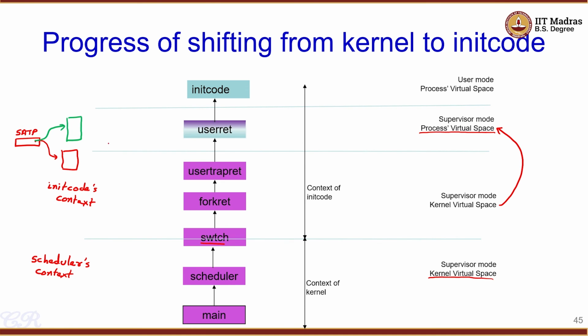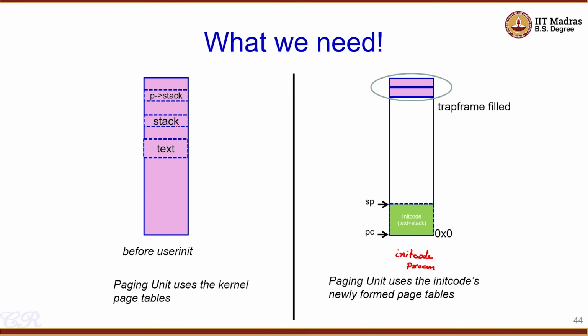Okay. Now finally, in userret, we essentially execute. Notice that userret comprises both green and pink, and this is because userret first starts executing in the supervisor mode of the process, right.